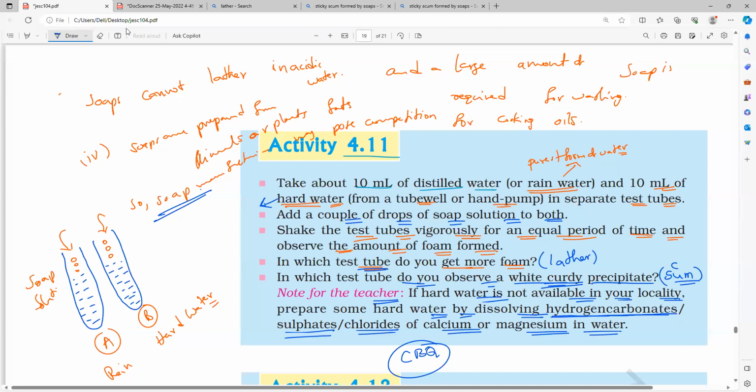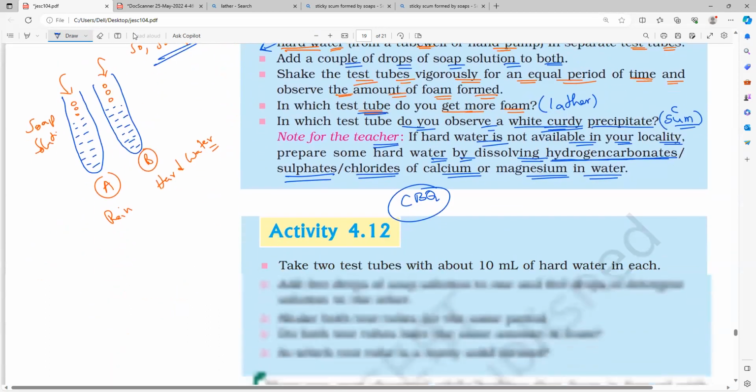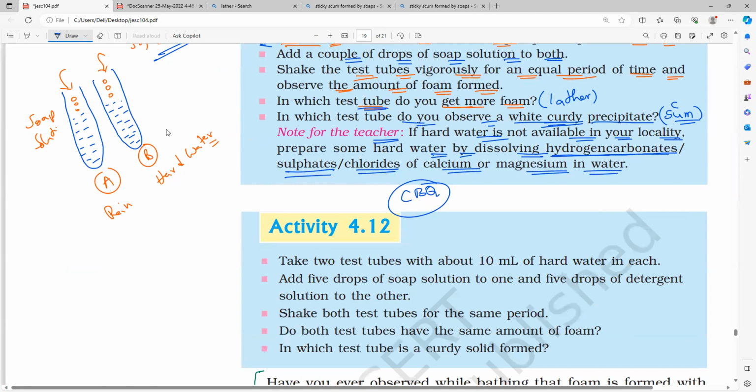So please learn it. Now, in which test tube will you notice more foam? Test tube A or B, which has rainwater and which has hard water? In which one will you get more lather? Rainwater. Why? Here the soap solution will dissolve.